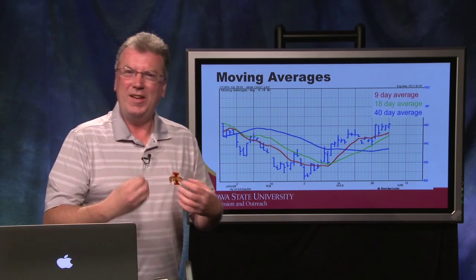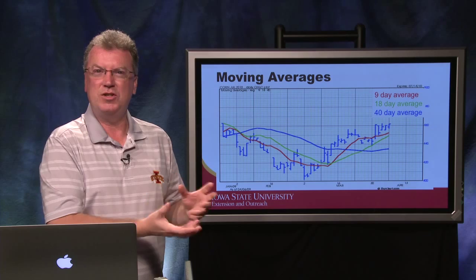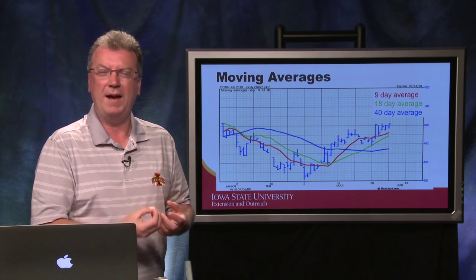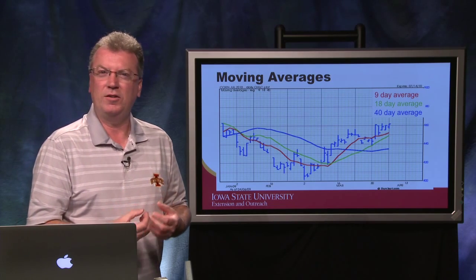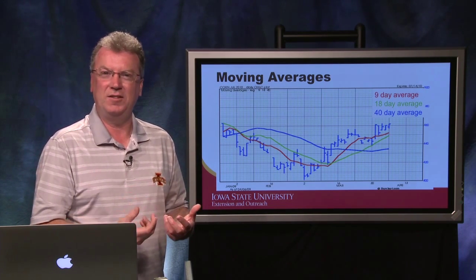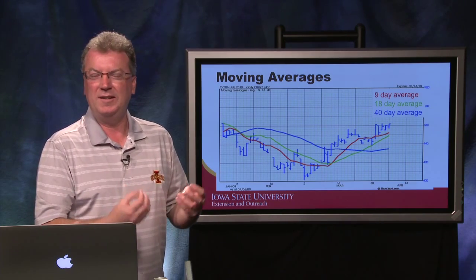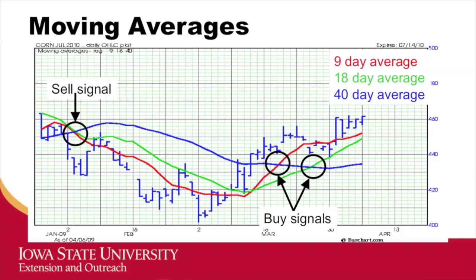But again, not all technical signals have to be something that you see from the graph. Others are derived from the mathematics behind the graph. A lot of traders like to use moving averages of the prices to determine buy and sell signals. What they tend to do is track the market over time, not only on a daily basis, but looking at a 9-day, an 18-day, a 40-day, a 100-day average price as well, and they graph that as well.